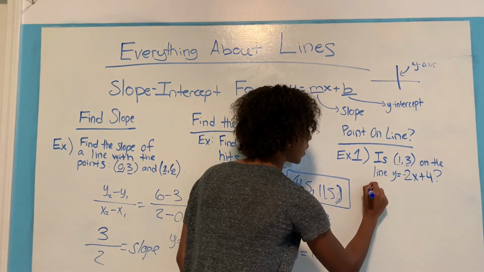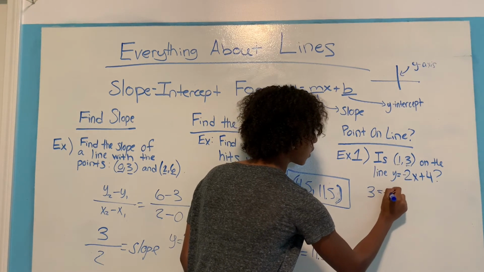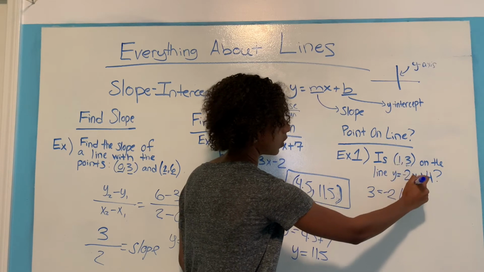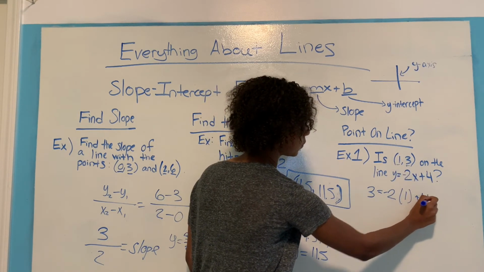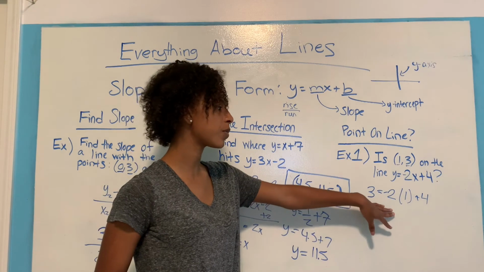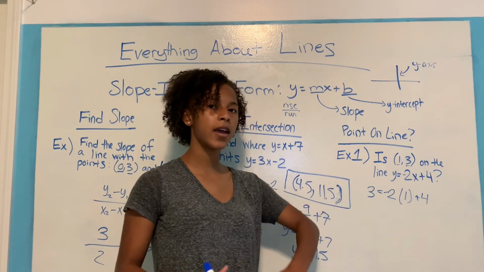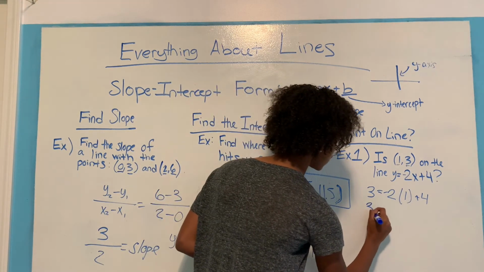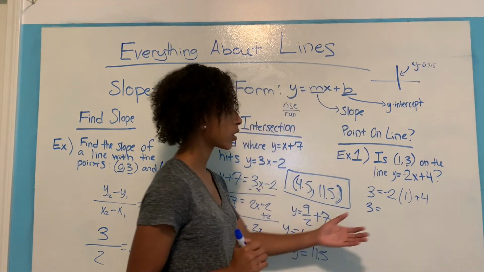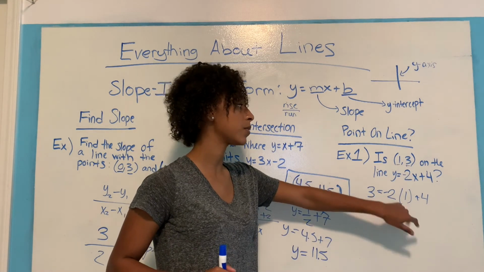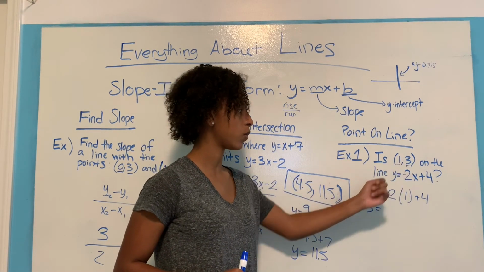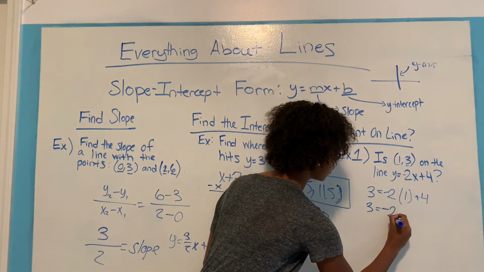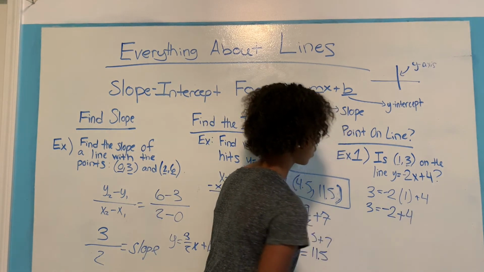So your y value is 3, and the x value is 1. In these types of problems, you just solve and see if it actually matches up. So we have 3 equal to negative 2 times 1, because if you plug in the 1, it's just negative 2 times 1. That gives you negative 2, and then you have the plus 4.